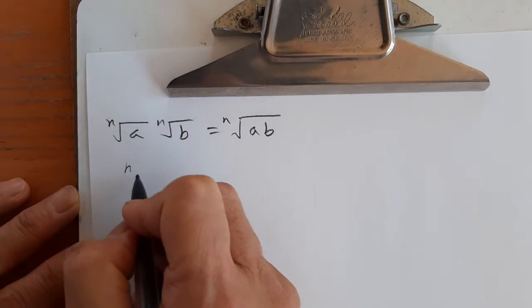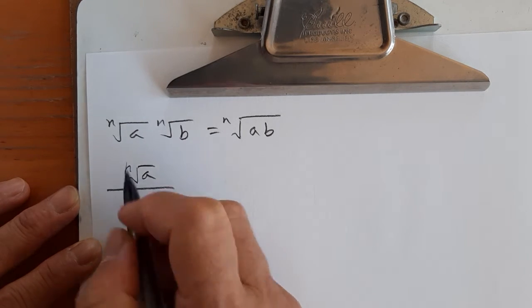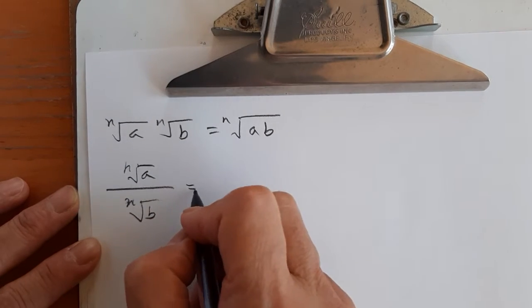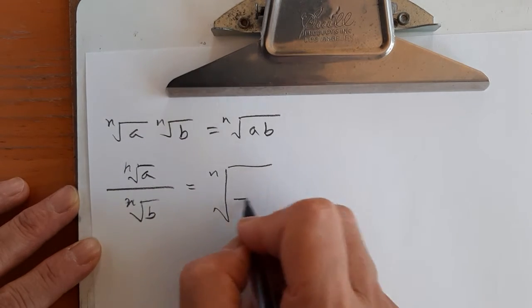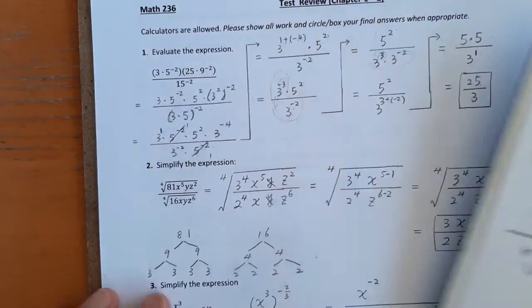The quotient rule is nth root of a divided by nth root of b. If both are nth roots, you put the nth root of a over b. So this is the quotient rule.